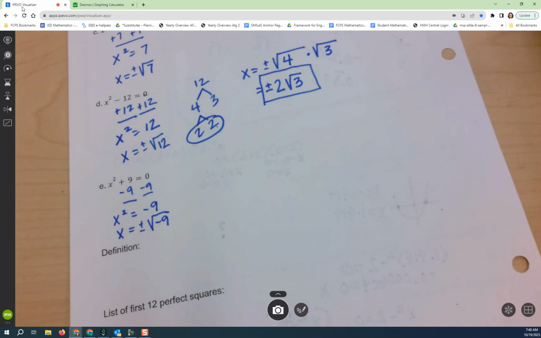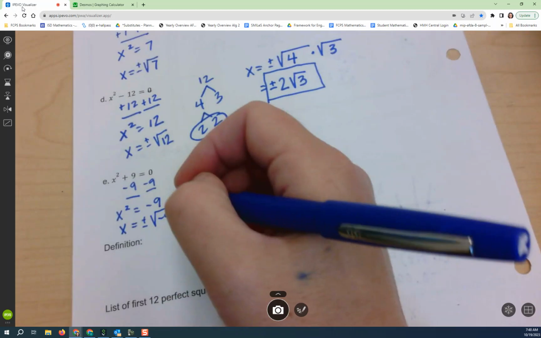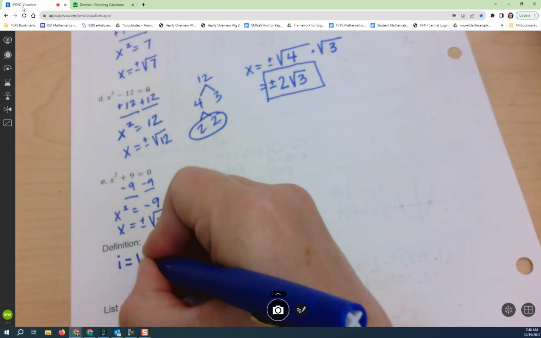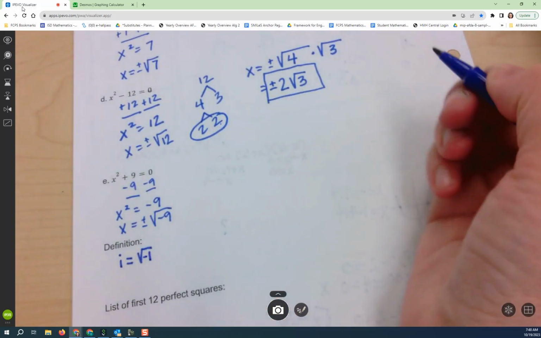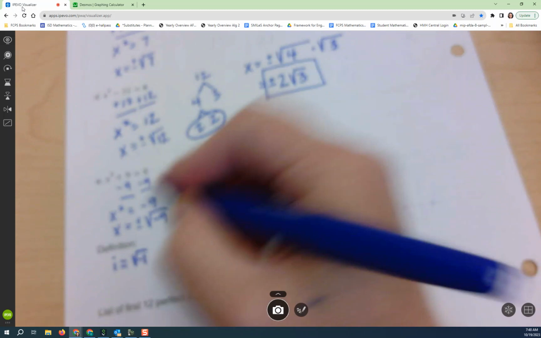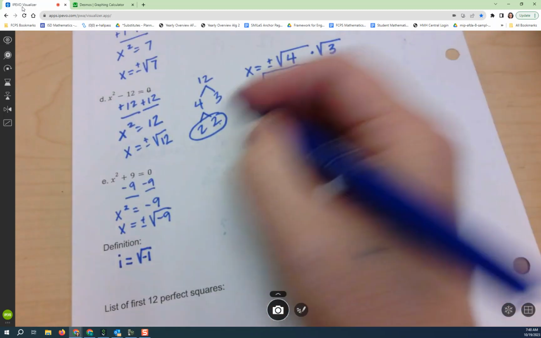But there's no number you can multiply by itself to give you negative 9. Because of that, mathematicians defined the number i, and the number i is defined to be the square root of negative 1. So that's a new number for us, i.